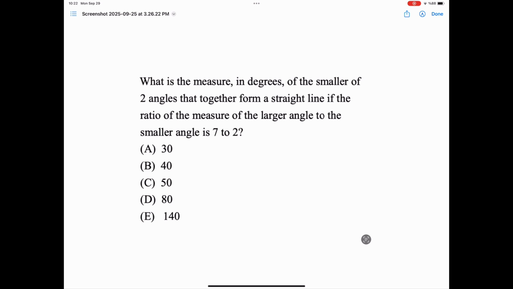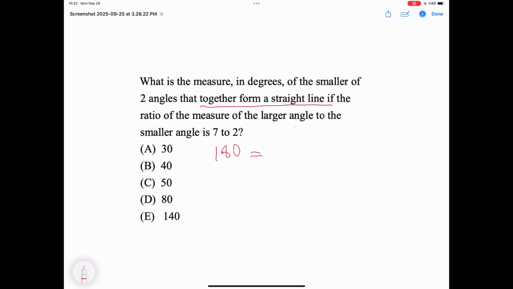What is the measure in degrees of the smaller of two angles? There are two angles, one smaller than the other, that together form a straight line, if the ratio of the measure of the larger angle to the smaller angle is 7 to 2. Okay, we have this together. They together form a straight line, and a straight line is 180, right?